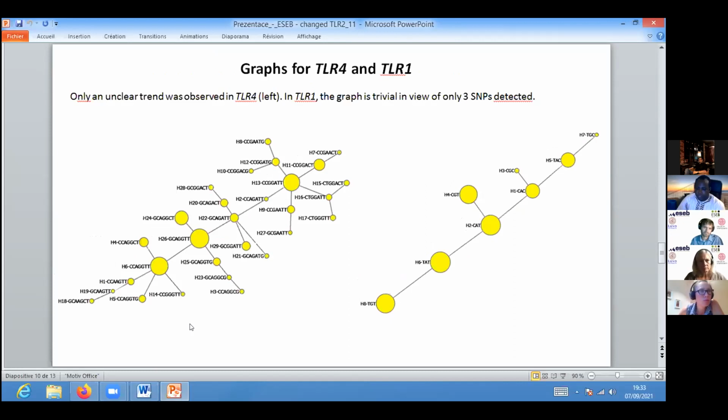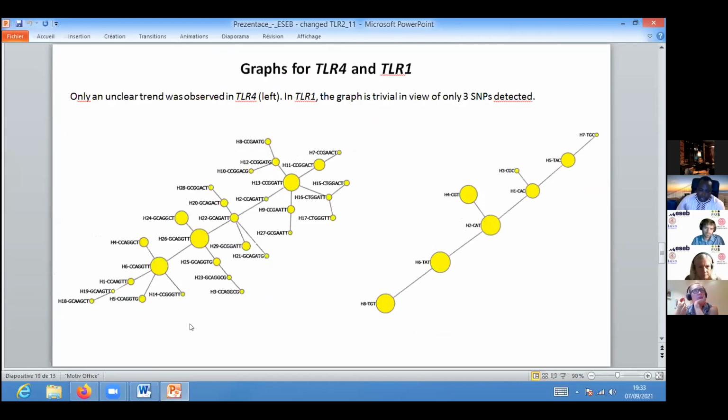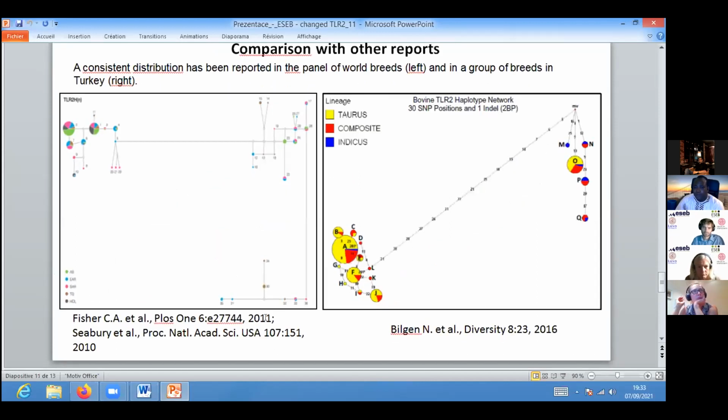Also, an unclear trend of bimodal distribution was observed in TLR4.